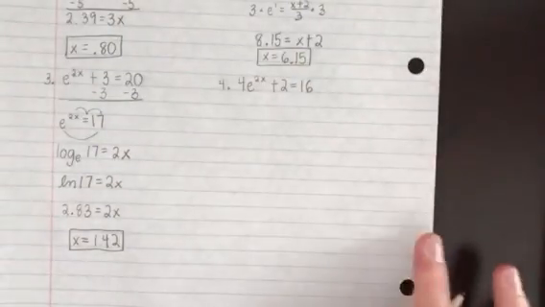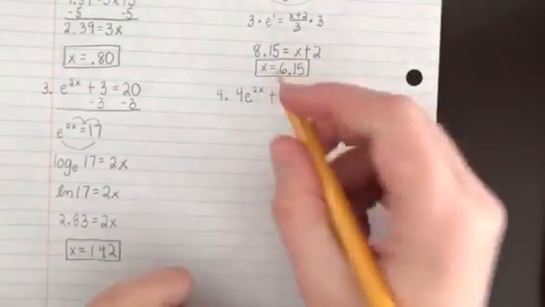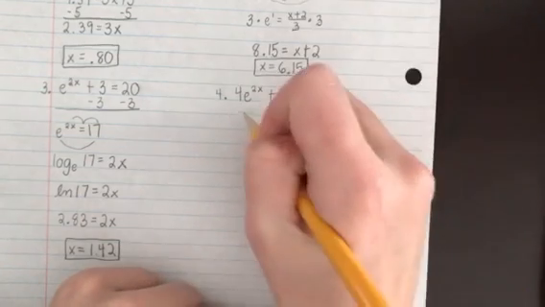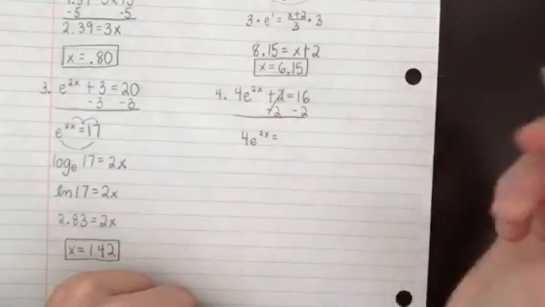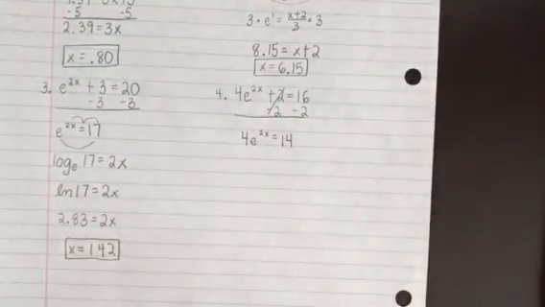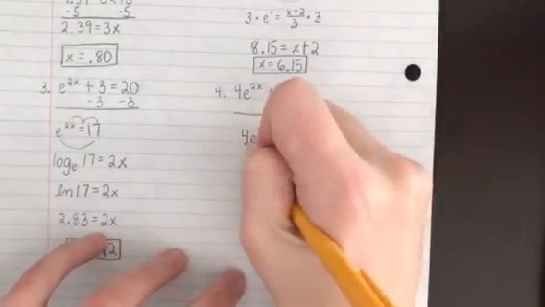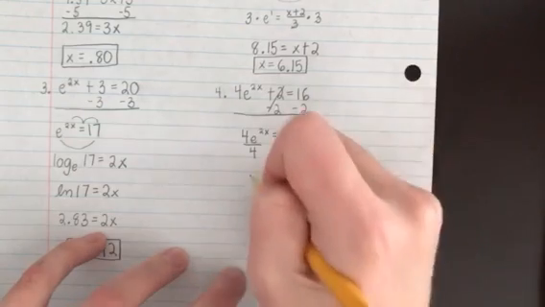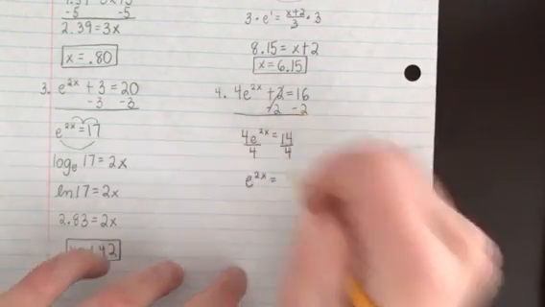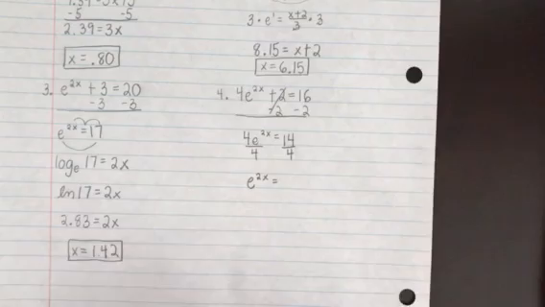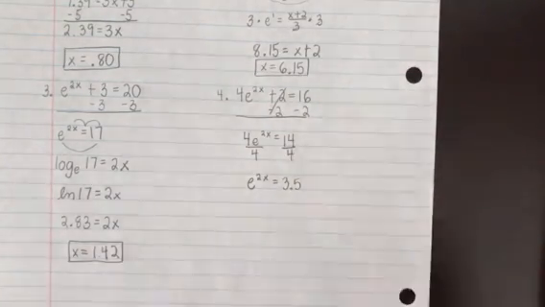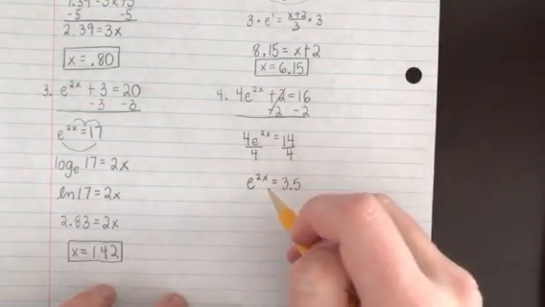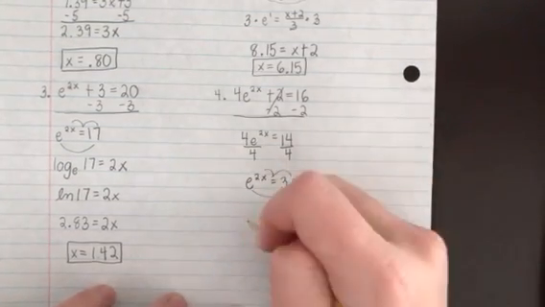Okay, next problem, last problem actually. Get that base e by itself, so minus 2, I get 4 e to the 2x equals 14. Okay, so now divide by 4. So e to the 2x equals 3.5. Now e is by itself, so I can go ahead and swirl to convert.